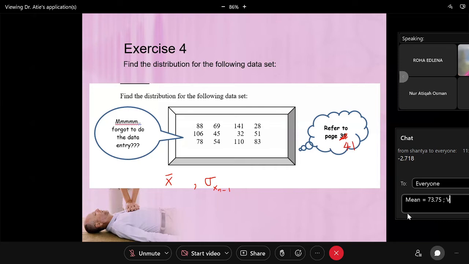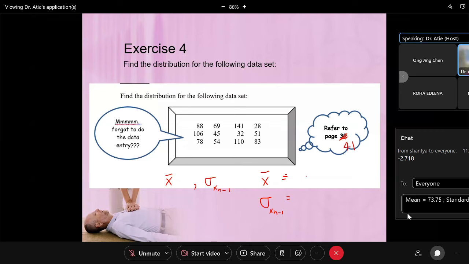Jing Chen, I want you to give me the value for the x bar. And then Kaisa, give me the value of the standard deviation from your calculator. Sorry, doctor, my calculator is left in the hostel. Okay, can I have somebody else? Any volunteer?